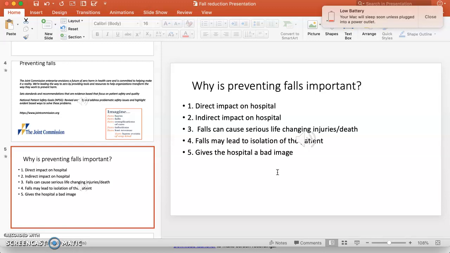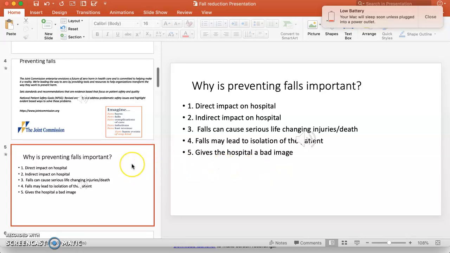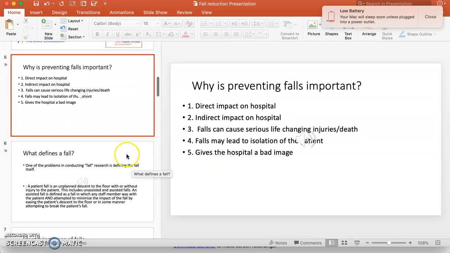We know that when something bad happens, it usually gets spread from community to community, from house to house, from mouth to mouth. So you may lose some patients coming to your hospital. They may choose to go to another hospital if they're constantly hearing that patients are falling within your hospital and getting hurt. They will choose to go elsewhere.